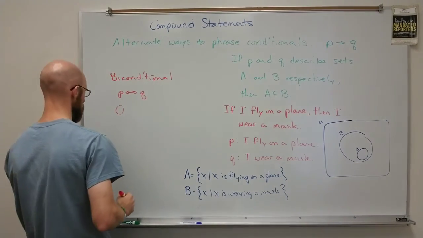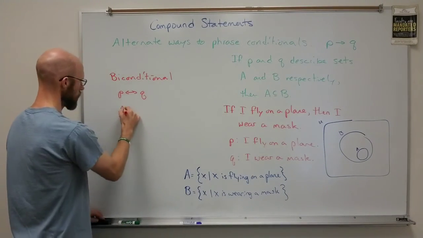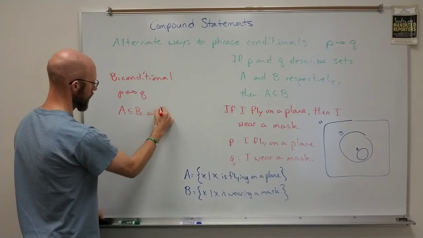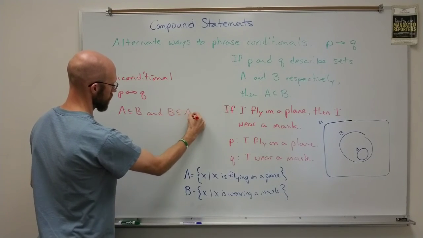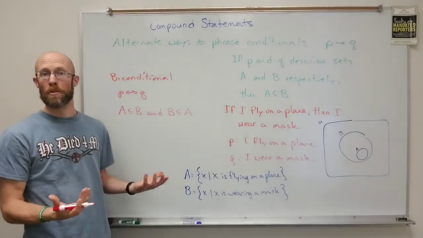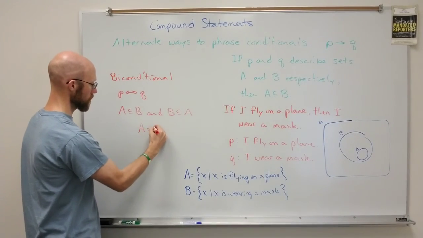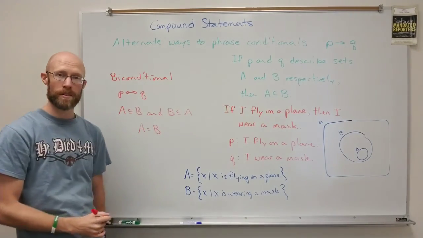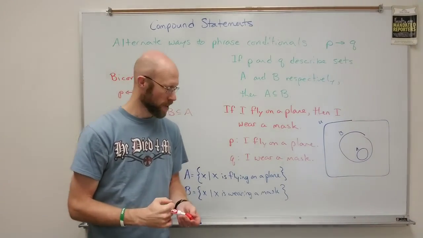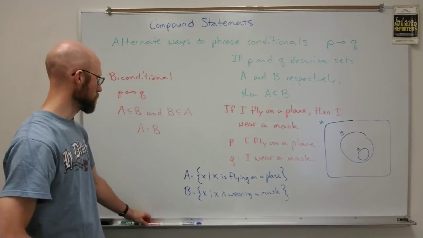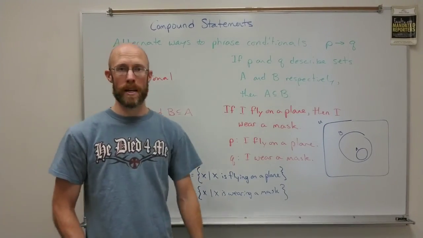You have A is a subset of B and B is a subset of A. Well, if both of those are true, then really the two sets must be equal, right? So just a kind of interesting representation of how this applies to a biconditional as well.